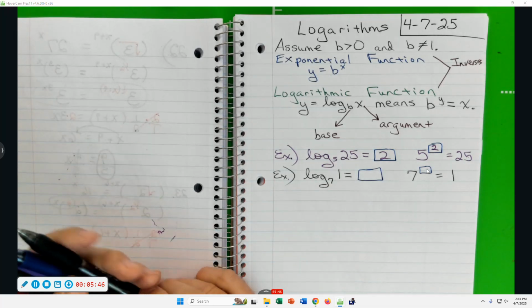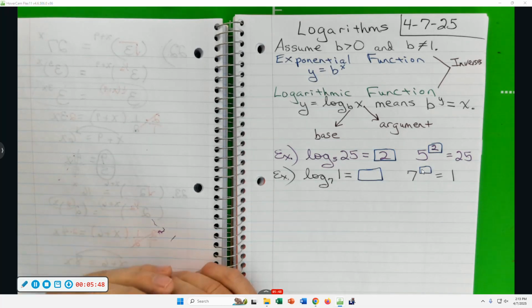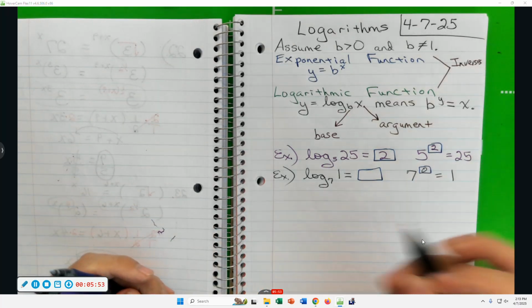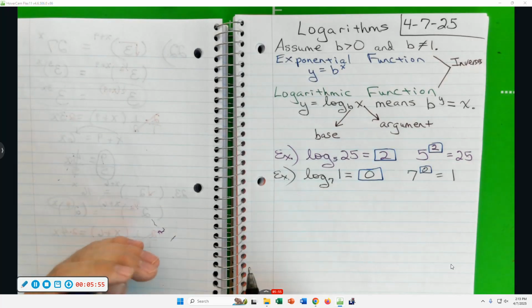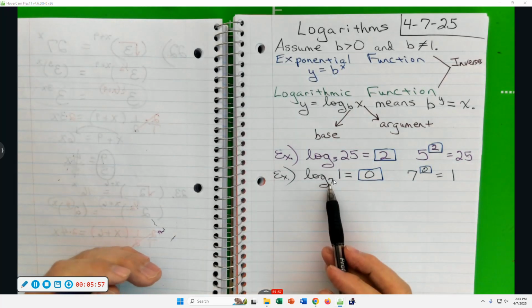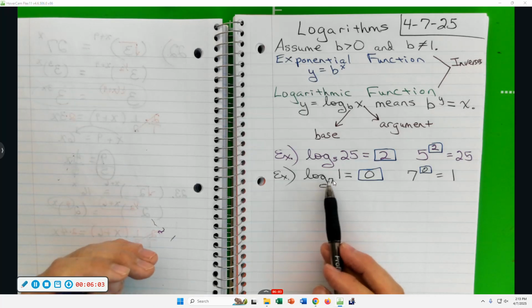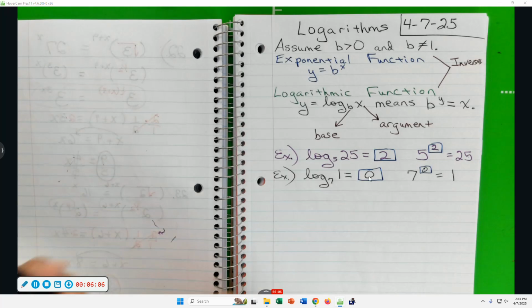It's one of those properties of exponents, the first one we saw the last time. 0. It's that definition of 0 exponent. And it really doesn't matter what that base is. As long as it's a positive number and not 1, the log of 1 will turn out to be 0.